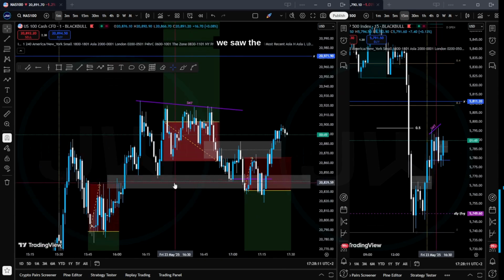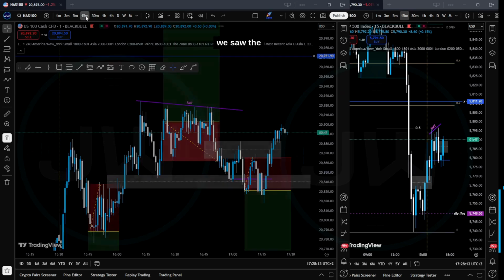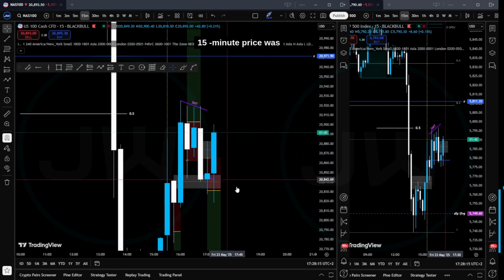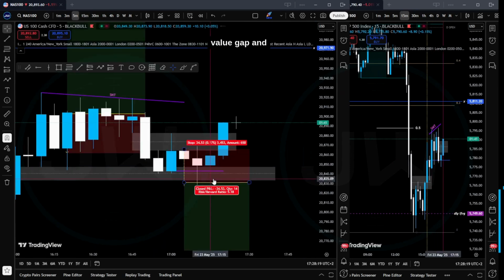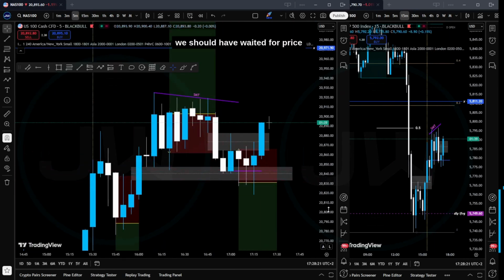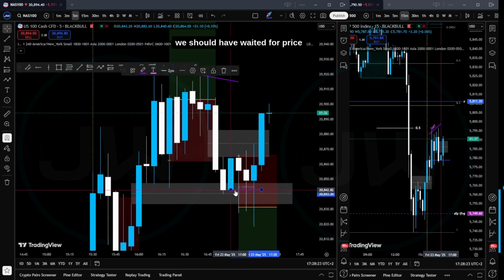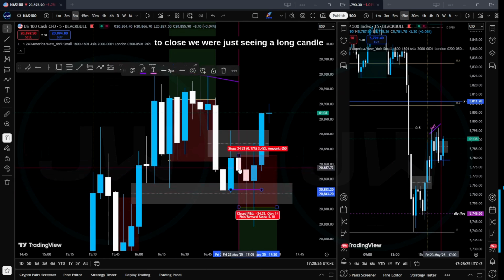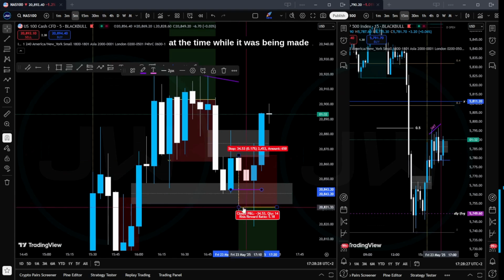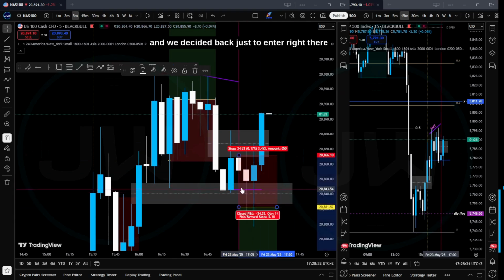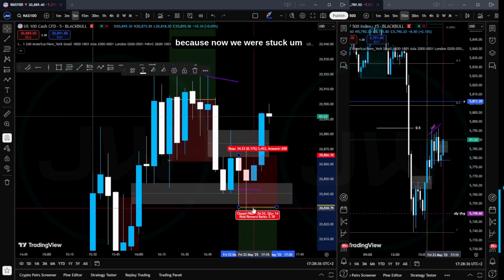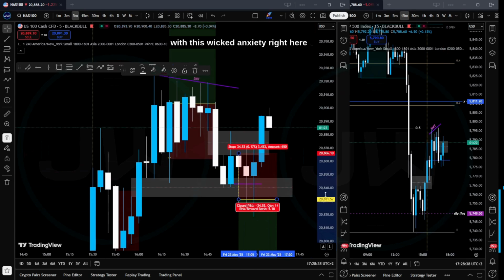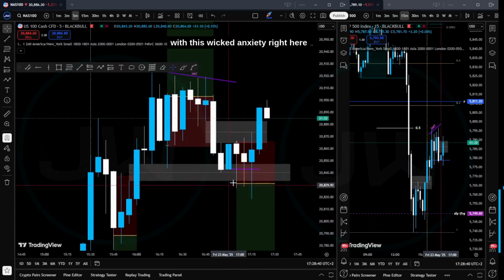And then finally we saw the 15-minute price was pushing down back to that fair value gap, and we should have waited for price to close. We were just seeing a long candle while it was being made, and we decided to enter right there. Instead, we should have waited for it to close, because now we were stuck with this wick anxiety right here.